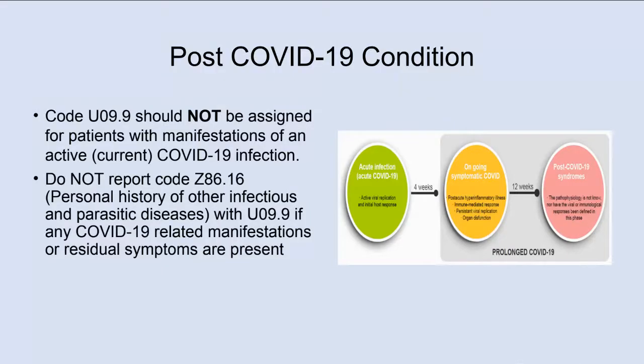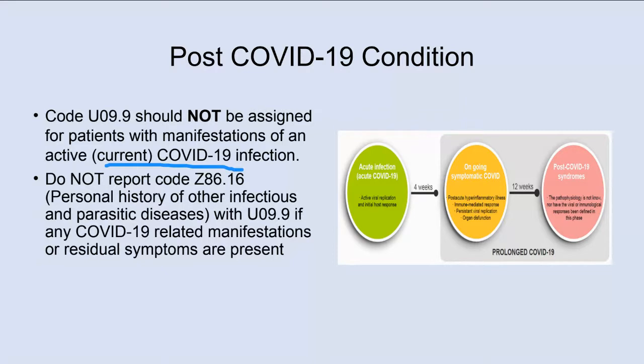So a patient with long COVID, sequelae of COVID, is U09.9. However, the guidelines specifically state U09.9 is not assigned for patients with manifestations of a current COVID infection.